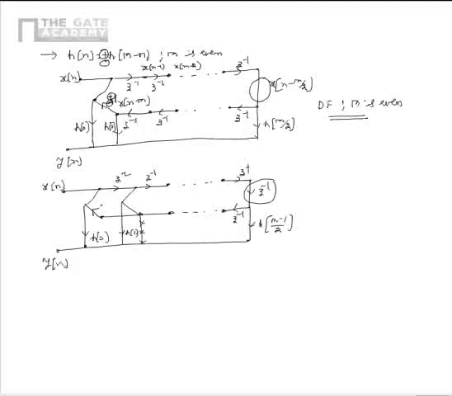Please note that similar to before, there is a plus or minus sign here which corresponds to the sign present inherently in the impulse response h of n. Also, the structure that we realized just now corresponds to a direct form implementation of FIR linear phase system where m is an odd integer.